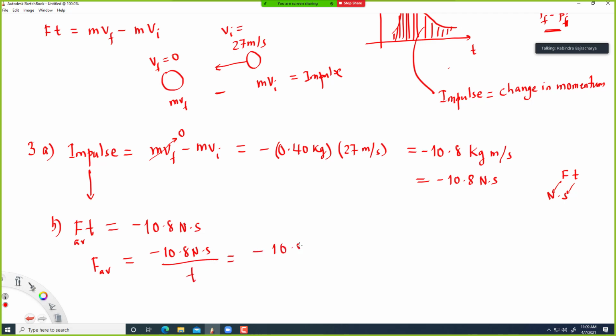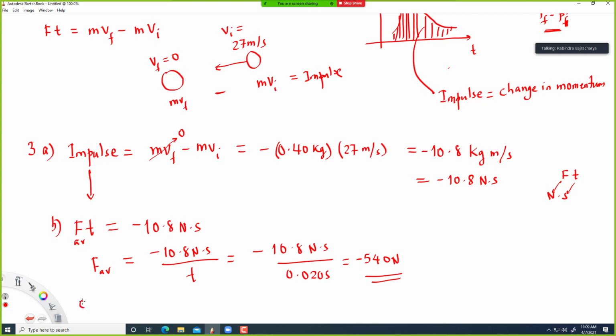Negative 10.8 Newton second over 0.020 second gives 540 Newton. That's the force the player exerts on the ball.